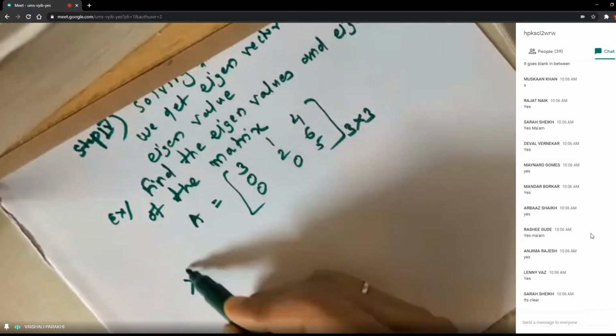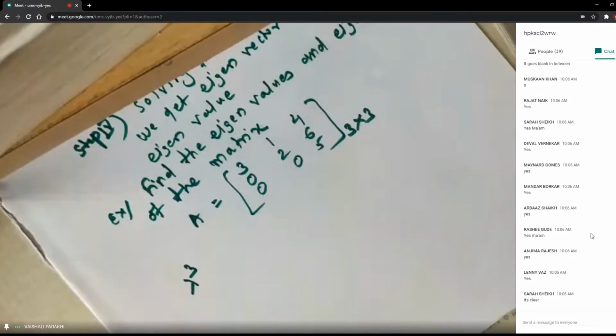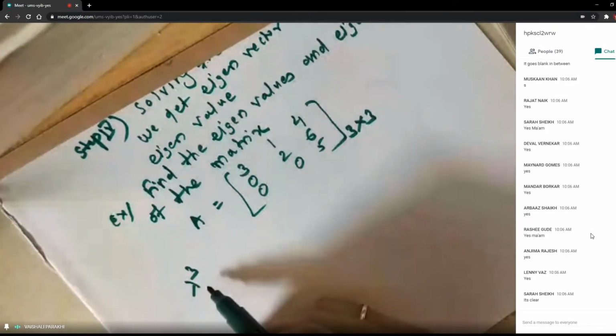It directly gives us the characteristic equation, which can be solved on the calculator to get the eigenvalues. So, first term is lambda cube.